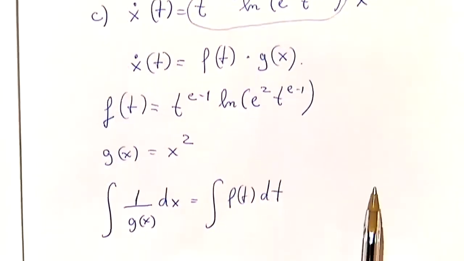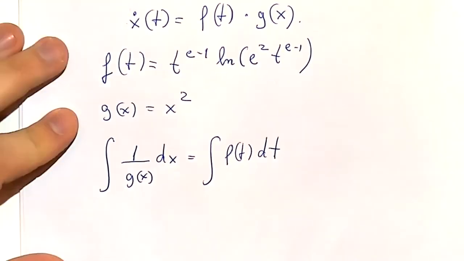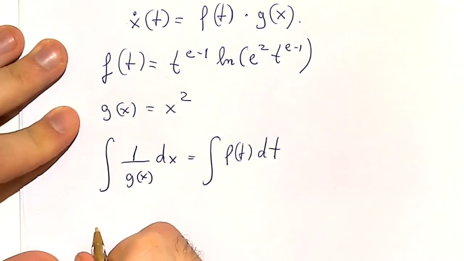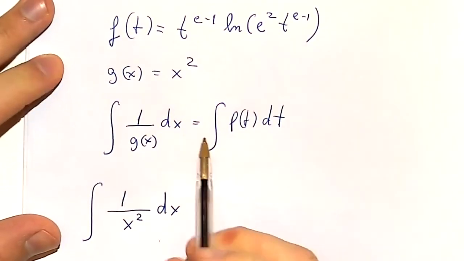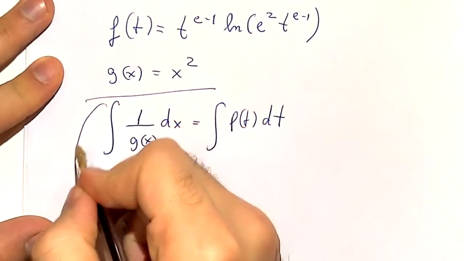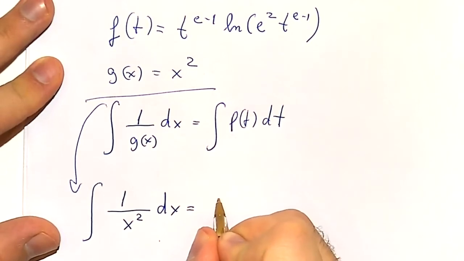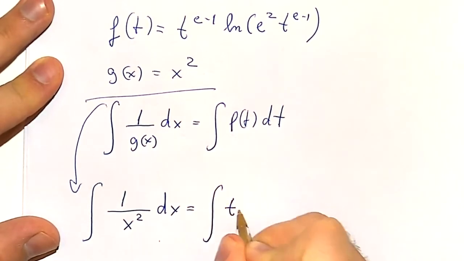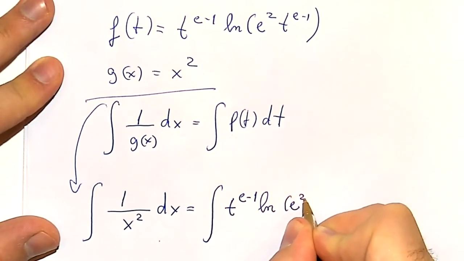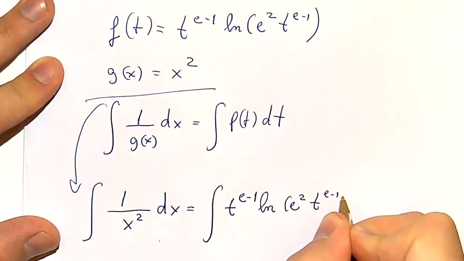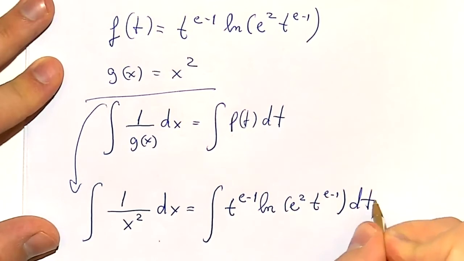So I don't think it's really necessary. But again, I'm just going to replace now. I have the integral of 1 over x squared dx, because my g(x) is x squared, so I just replaced it, is equal to the integral of t^(e-1) log(e^(t^e)) dt.